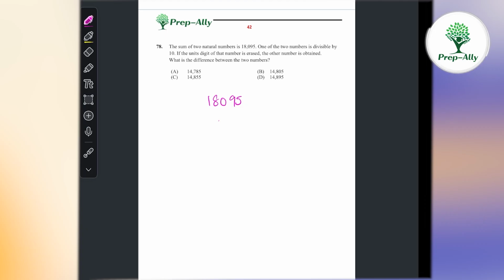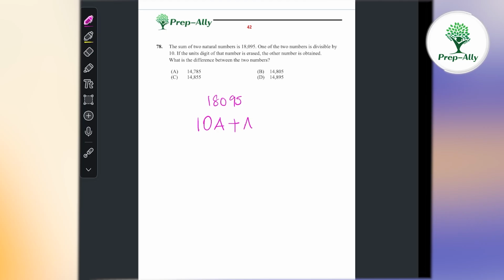So here we have one number, that is A, or rather 10A, because it's divisible by 10, and erasing the last unit digit of 10A is just dividing it by 10, right?